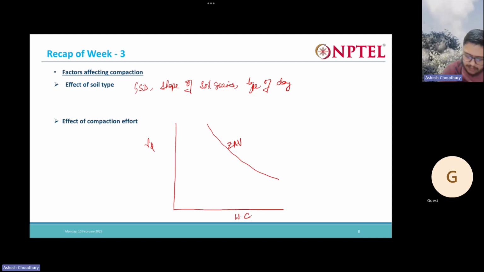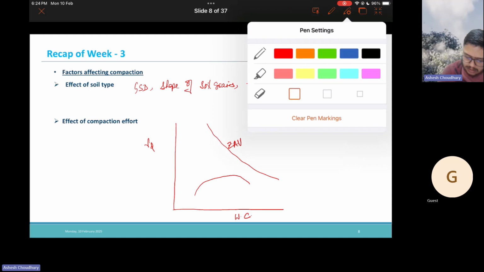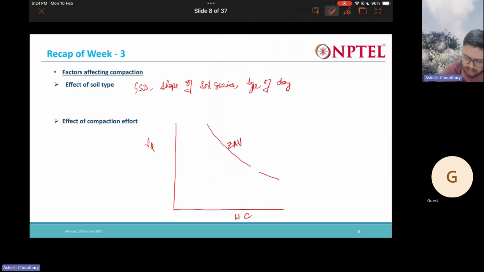Say for the standard Proctor test, you get this as the bell curve.